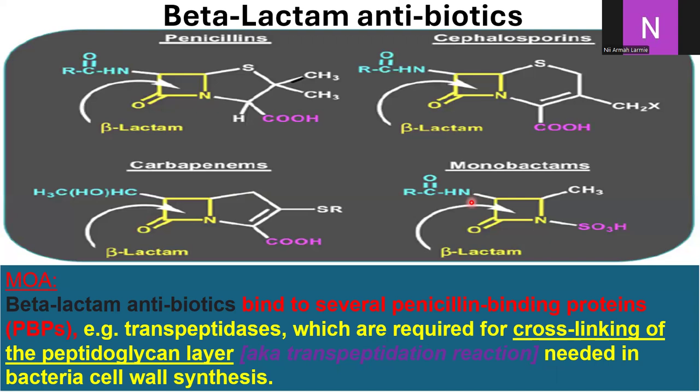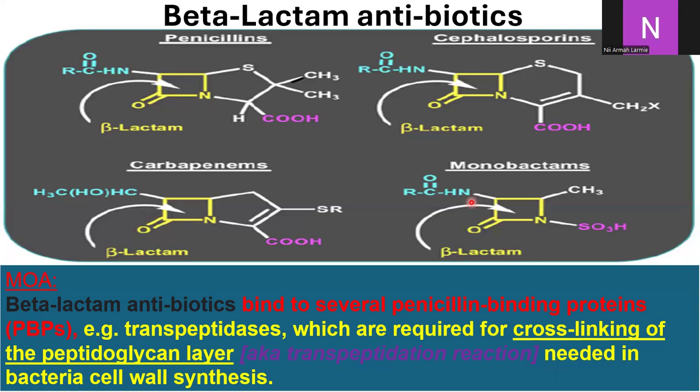So to create that layer, there must be a cross-linking of proteins. Now, that is done by the enzyme transpeptidase. Therefore, that cross-linking process is called transpeptidation reaction.